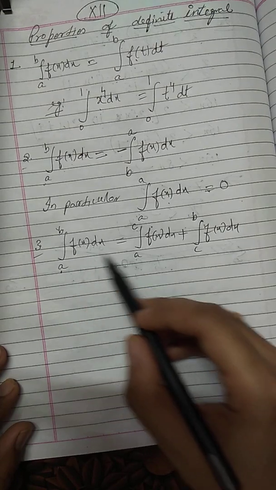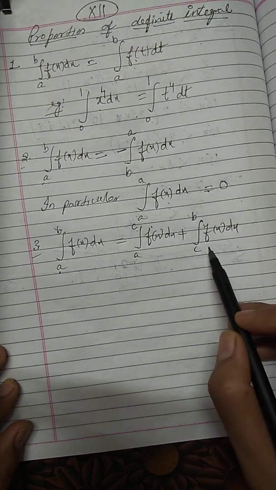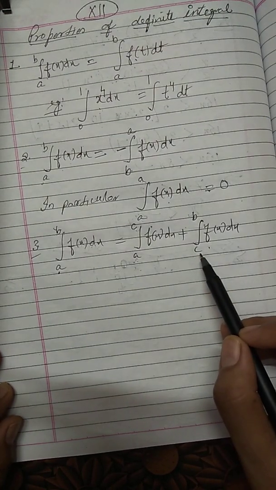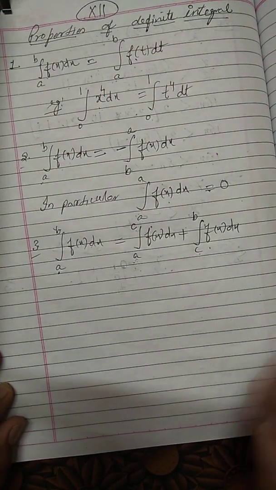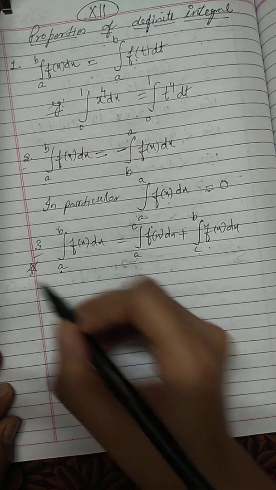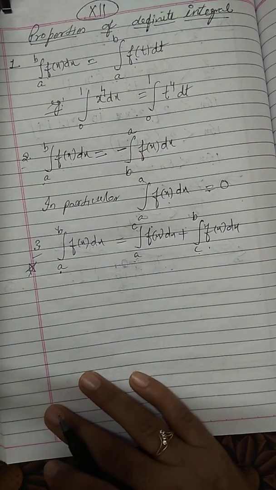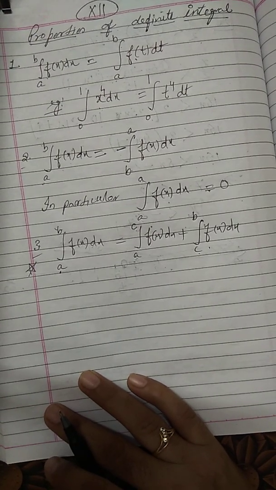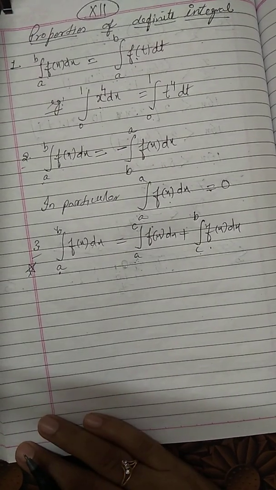From the integral a to b, it has become the sum of two integrals. The first integral will have limit a to c, and the second integral will have limit from c to b. And this property we will be using in the sums where the integrand will be some modulus function. So there the use of this property will be there.